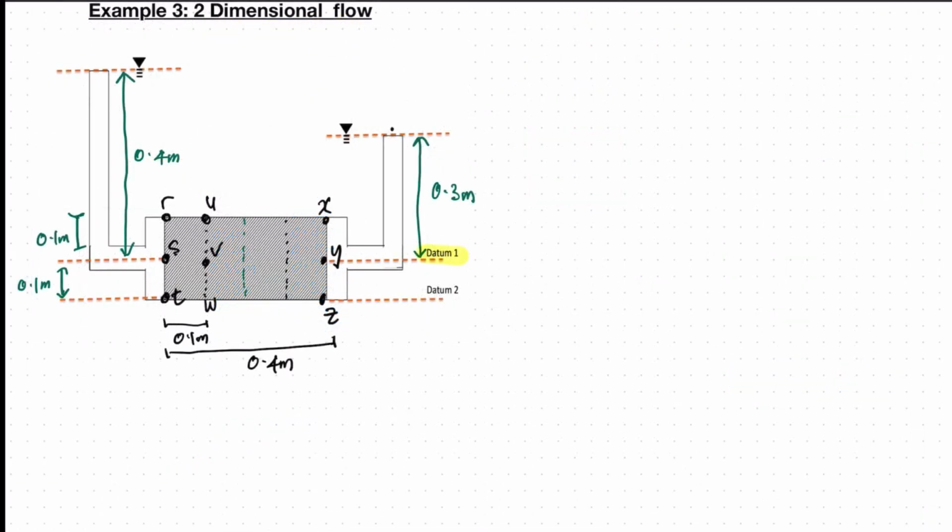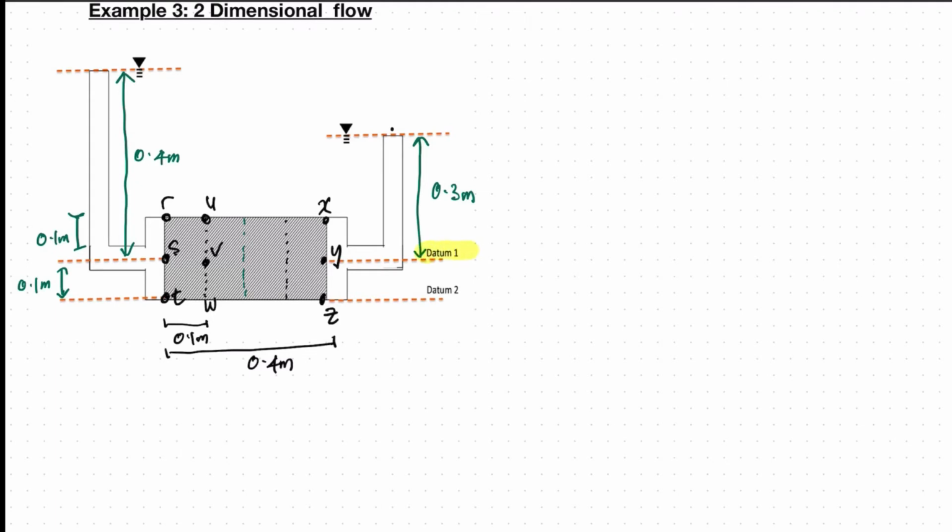Okay, example number 3. This example is a problem based on two-dimensional flow. The same setup, the same orientation. You have well 1, H1, and well 2, which is H2. Again, we're going to use the same datum point, datum 1.